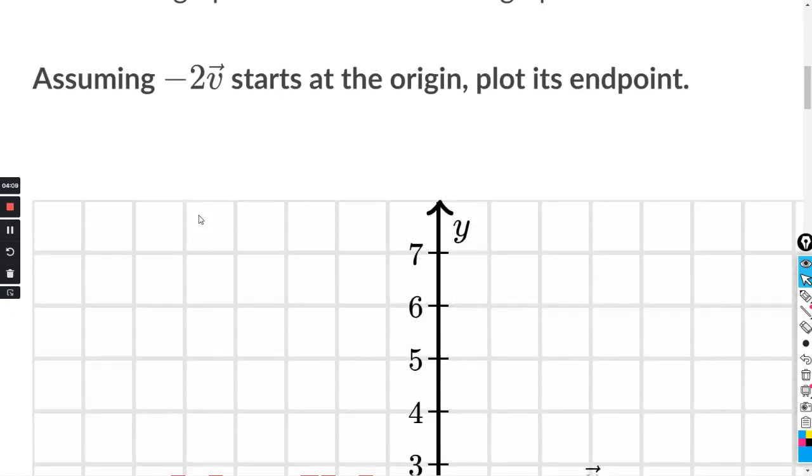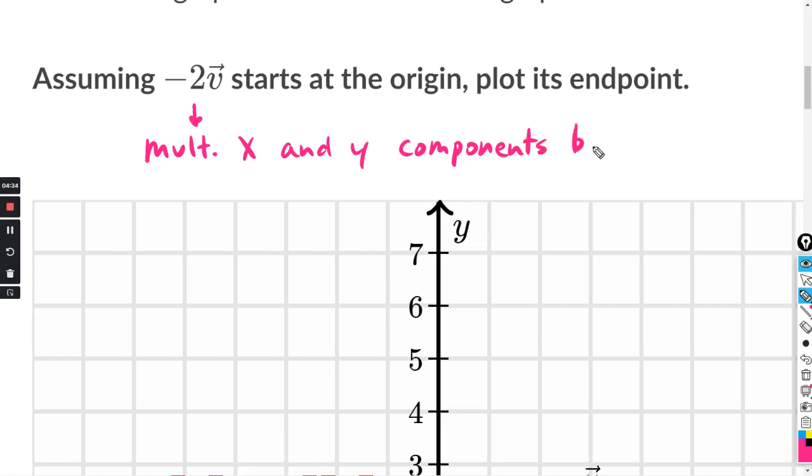What this means is that we have to multiply the x and y components by negative 2. And then we can plot negative 2 times vector v. So let's do that.